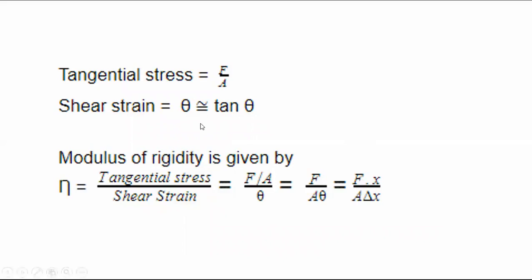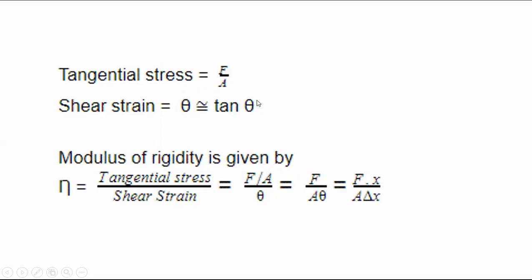Tangential stress, you know that the force in tangential direction and the area on which this force is acting, force divided by area. This force is actually a resistive force offered by the material because of application of this external applied force. So once we get tangential force, we will find the shear strain. You know that shear strain, from the last diagram which I have drawn, you have seen that opposite upon adjacent, we will get tan theta.